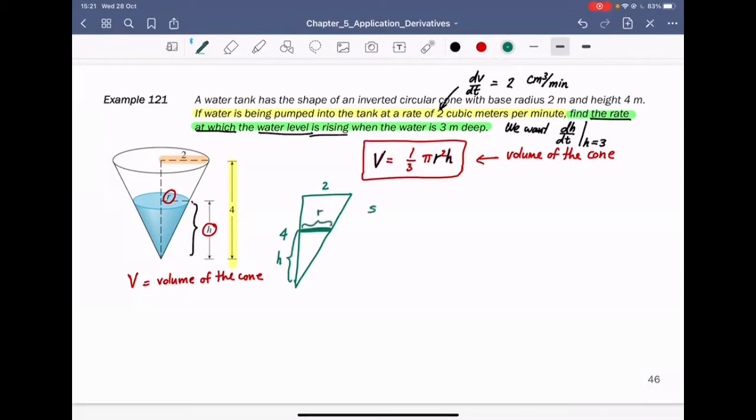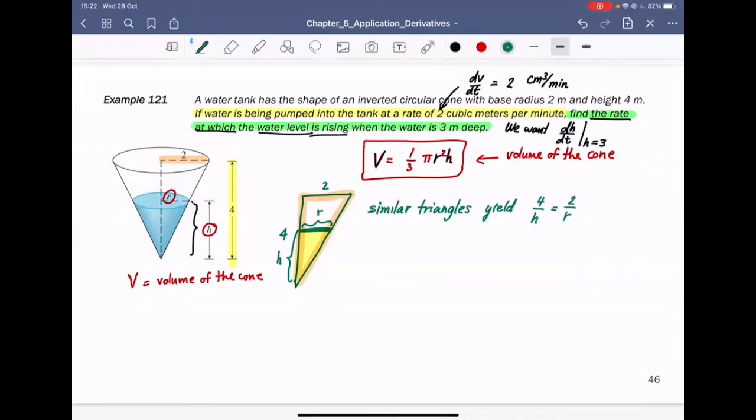So if you use similar triangles, the ratio from the small triangle must be the same as the ratio of the big triangle. They must have the same ratio. So the similar triangles give you 4 over h equals 2 over r.